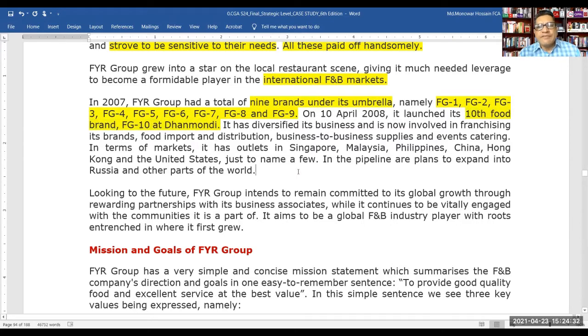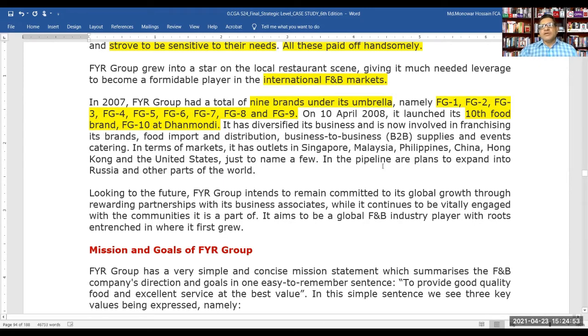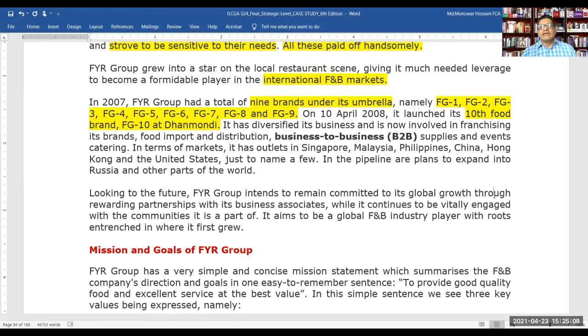It had diversified its business and is now involved in food brand import and distribution, business to business, B2B, e-commerce, suppliers and even catering. In terms of the market, it has outlets in Singapore, Malaysia, the Philippines, China, Hong Kong, and the United States, just to name a few. The pipeline includes plans to extend into Russia and other parts of the world.